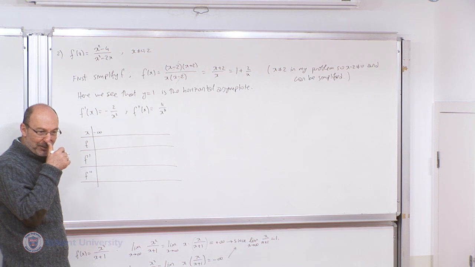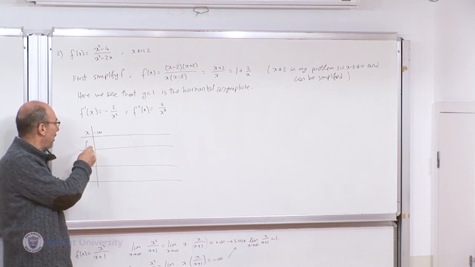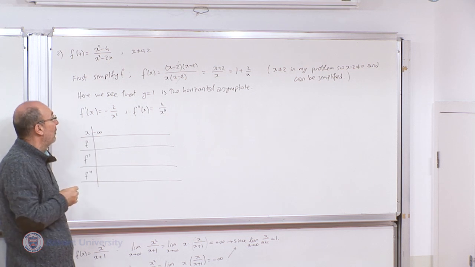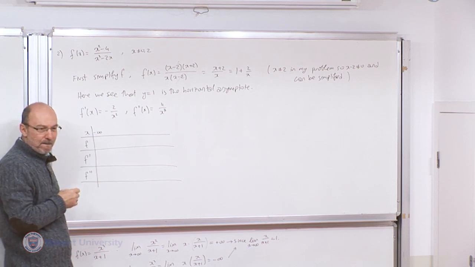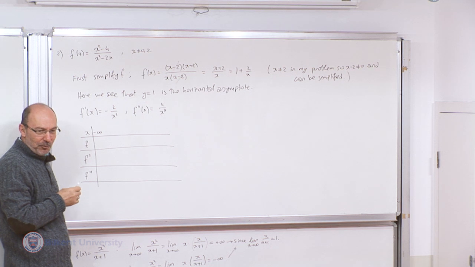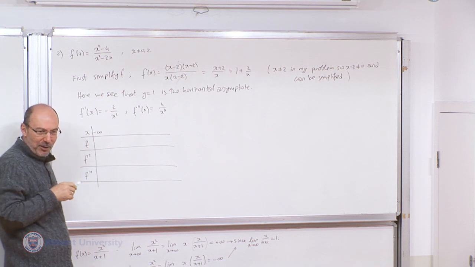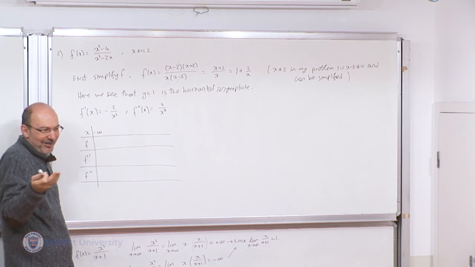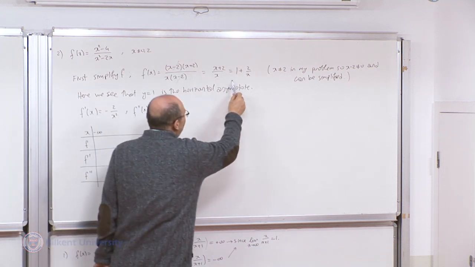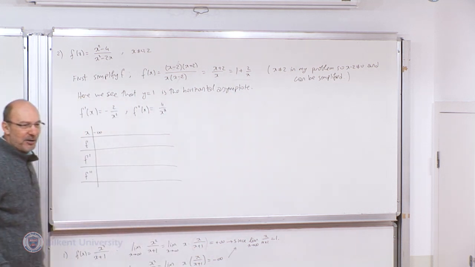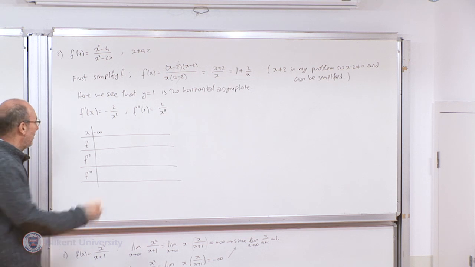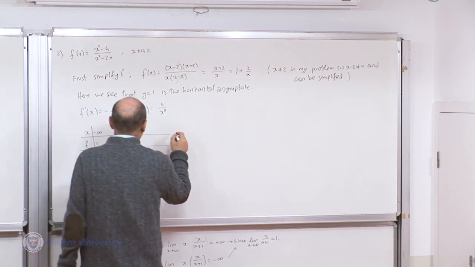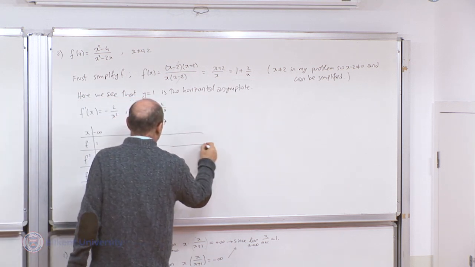Which one? What's the limit of f of x as x goes to minus infinity? Why is there a question mark after 1? 1. This is f of x, x goes to minus infinity. This is 1. Okay, so let me extend this a little bit.